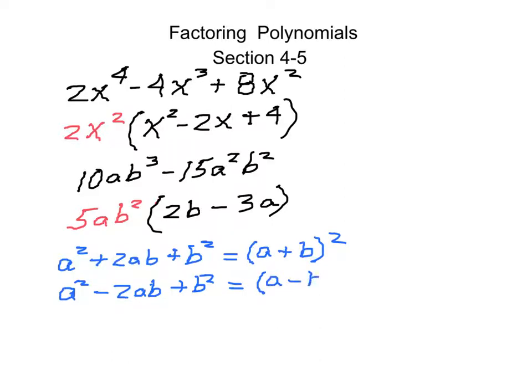And you can FOIL these out to prove that they indeed are what I say they are. And then the third is probably the one that people recognize the most easily, and that is if you've got the difference of squares.